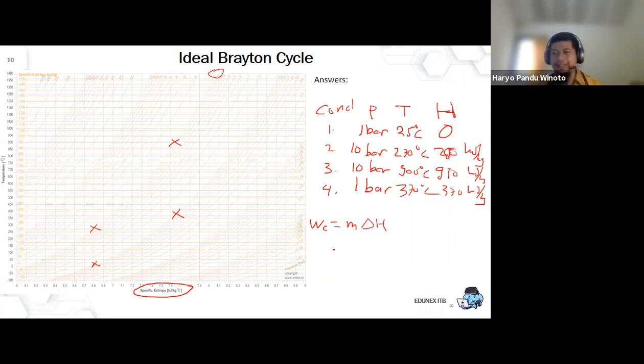Sometimes the delta H is stated in kilojoule per mass, kilogram or gram, or possibly in kilojoule per mole. It depends. So I'm going to say the specific energy at the compression is delta H. So you can see here 250 minus 0 equals 250 kilojoule per kilogram, at the compression.